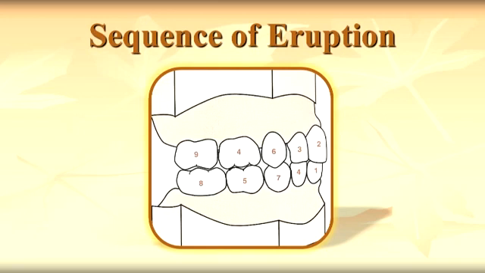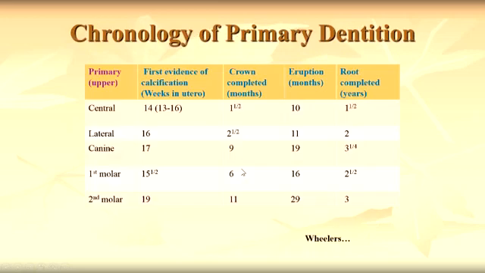Sequence of eruption, as shown in this figure: we start with the lower central incisor and the upper central, then the lateral incisor, upper lateral incisor, then the first molar, upper then lower, as in the sequence of numbers present here in this figure.